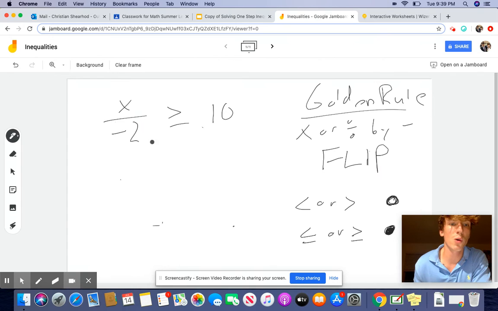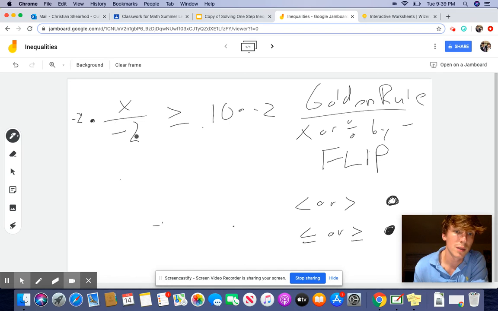So this whole thing would be boxed, but we're going to go ahead and skip that step because y'all already know there's nothing else to move. Okay, the only thing bothering this x is this -2. This is what needs to move. What is the opposite of dividing x by -2? Well, it'd be multiplying both sides by -2. So we need to multiply this side by -2 and this side by -2.